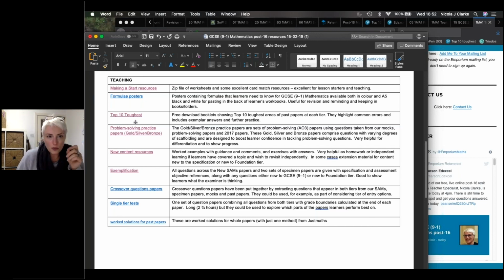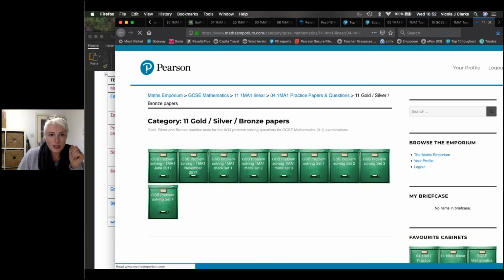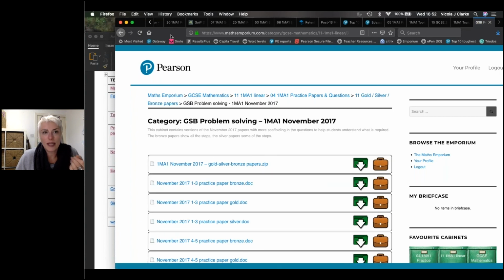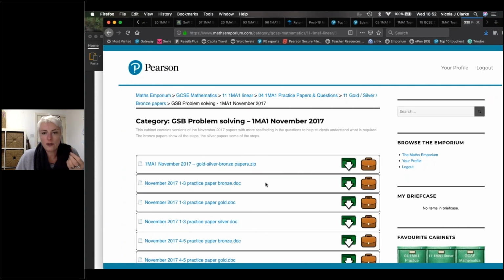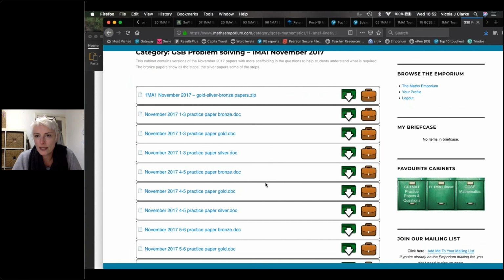Pearson have written some gold, silver, and bronze papers. These are mostly assessment objective 3, so they refer to problem-solving, but they do come with certain levels of scaffold. Again, research says that appropriate scaffolding is really productive for learners.